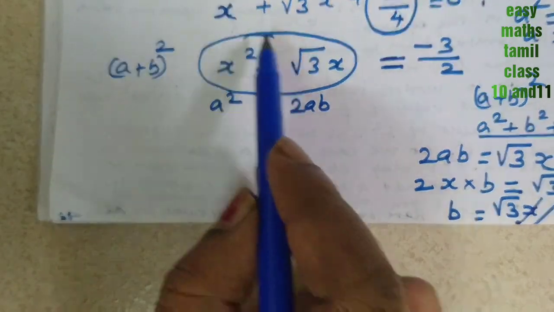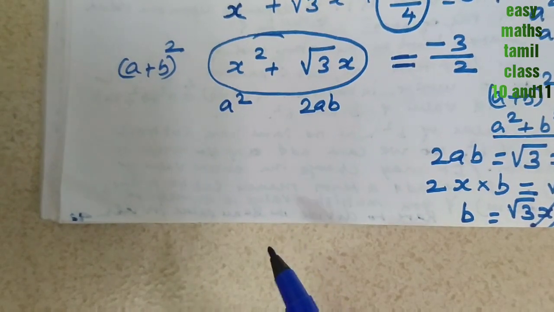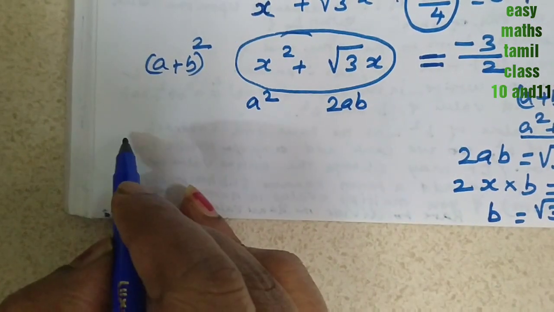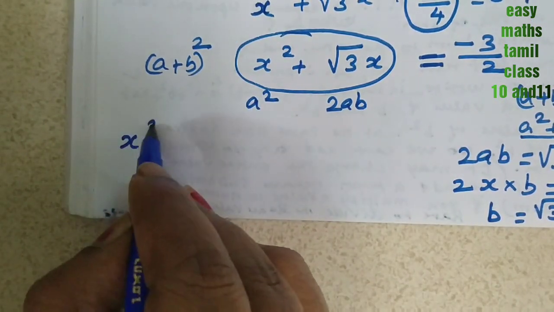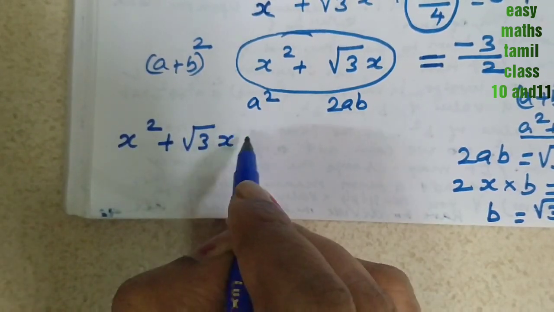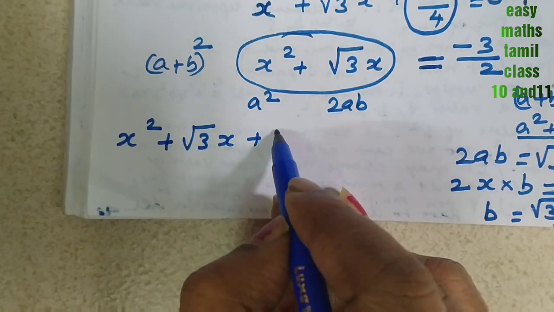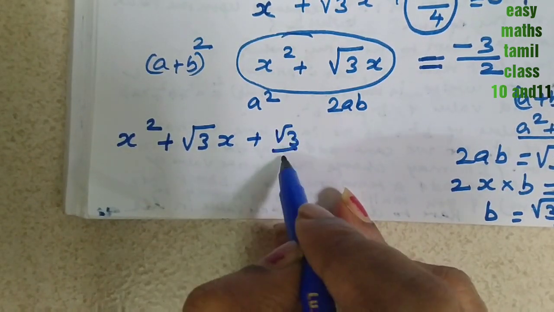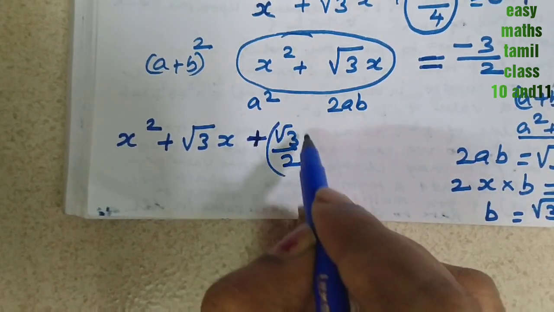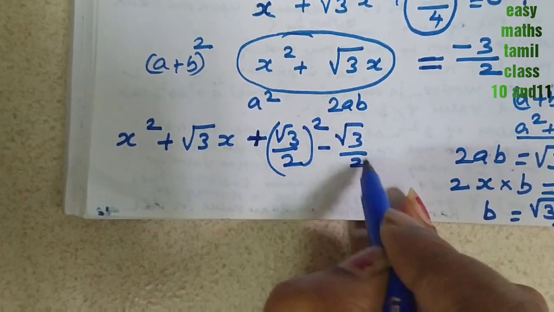Now we have to convert the left hand side term in the form of a plus b the whole square. So a square is x square plus 2ab is root 3 into x plus b square. So b value is root 3 by 2. While adding the value of b square, we have to subtract the value of b square also.